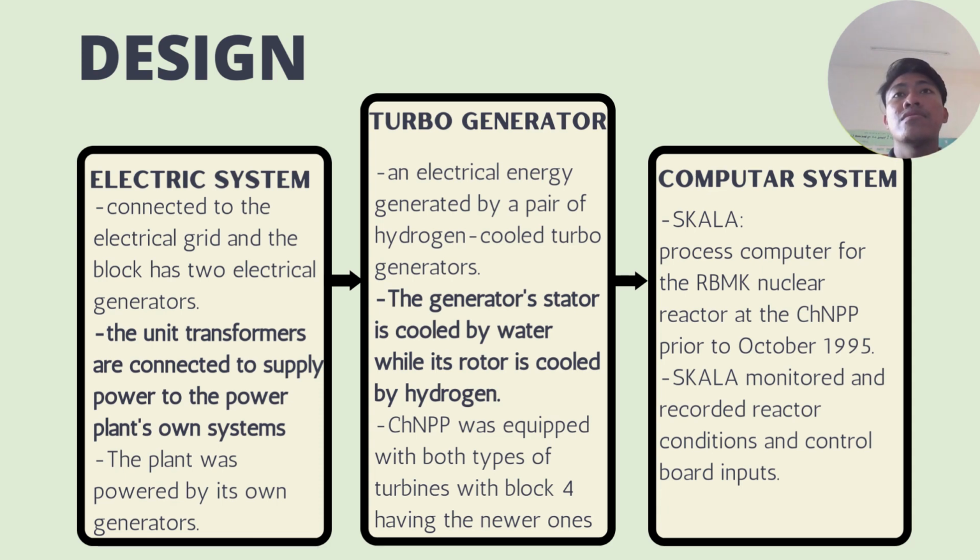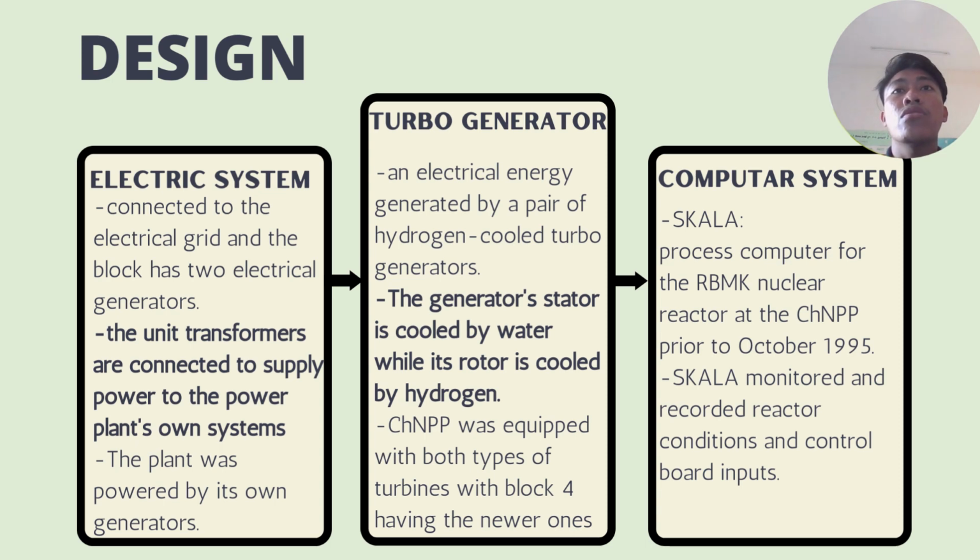And for the last design, the computer system. The computer system for the Chernobyl nuclear power plant is SCALA, which is a control system derived from the device of the Leningrad nuclear power plant. It is a process computer for the RBMK nuclear reactor at the Chernobyl nuclear power plant prior to October 1995.